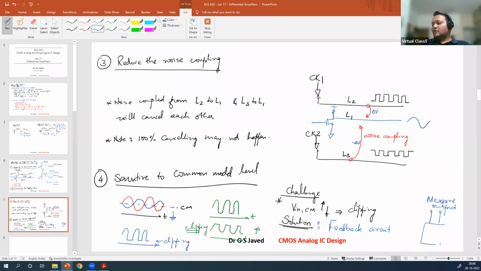Then you sum the value, take the appropriate difference, and then feed back to the common mode point. This is going to be tuning it. You tune the common mode appropriately to either go up or go down. What is the aim? No clipping.